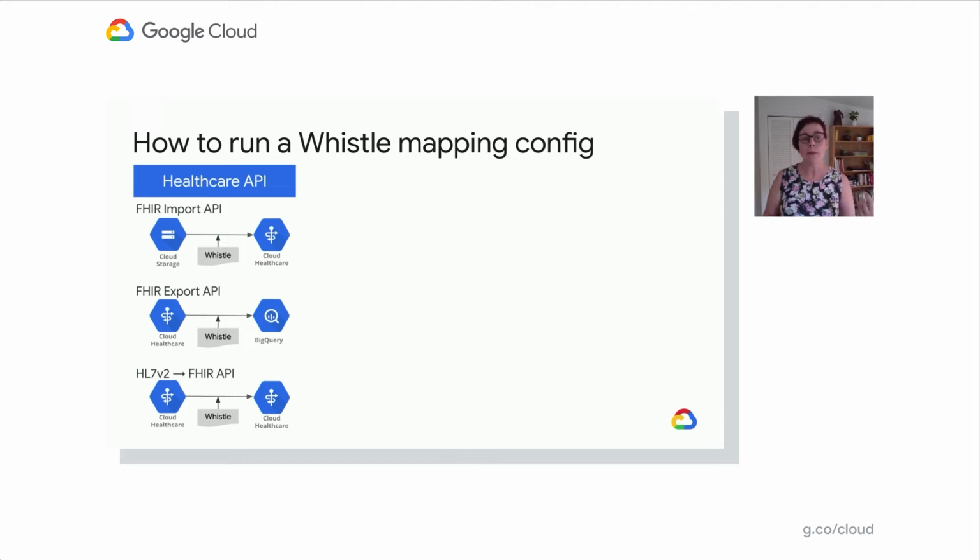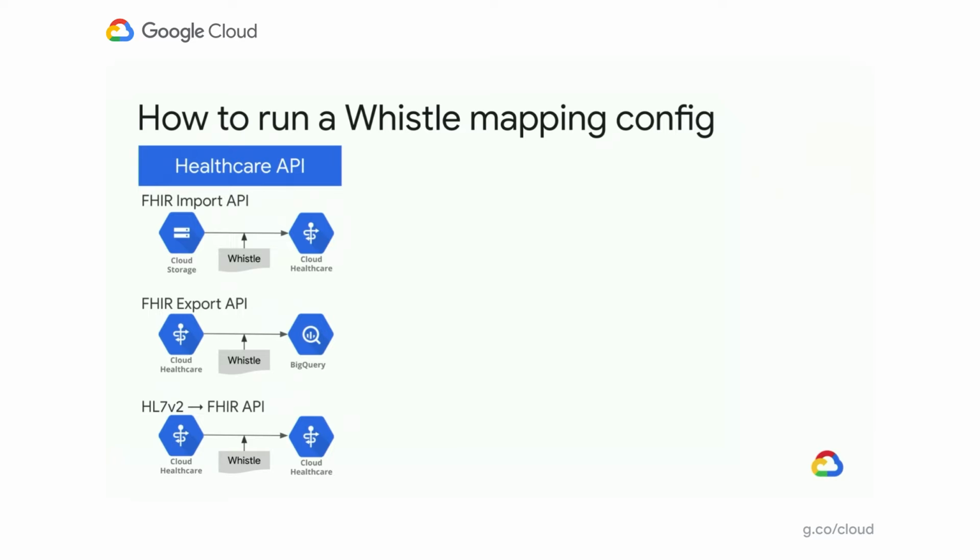So if you're importing your data from cloud storage into the FHIR API, or if you're exporting your data from the FHIR API into BigQuery, or if you're moving your data from the HL7 version 2 store into the FHIR store on Google Cloud, in each of these cases, you can incorporate a WHISTLE mapping configuration to transform the data as you move it across.